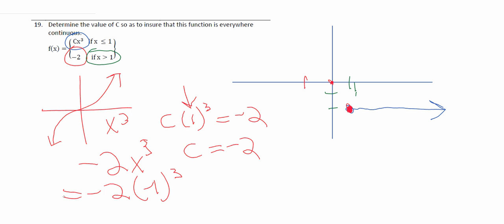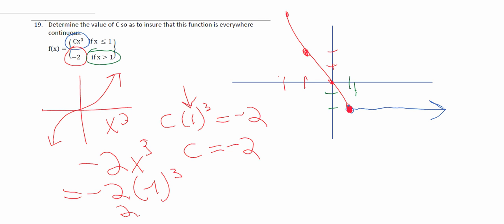At negative 1, it would equal positive 2. So it's going to look something like this. So it's actually going in the other direction. So at negative 2, of course, that would be negative 16. So this thing comes back through here, and it connects up.